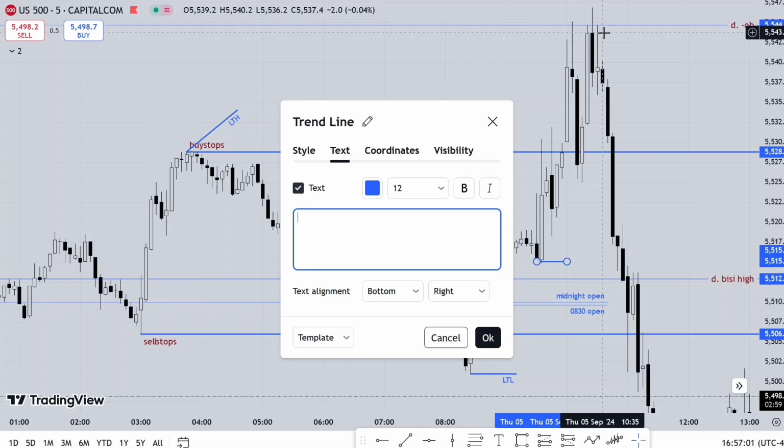Does that make sense? Now you are incorporating the idea of the market maker models and market structure. This makes your understanding of the market maker models solid. This is me revealing my personal style of trading. I only see market maker models.